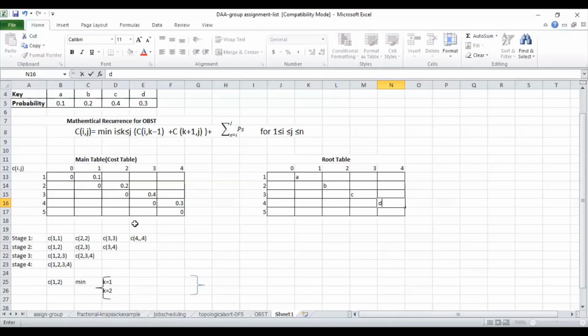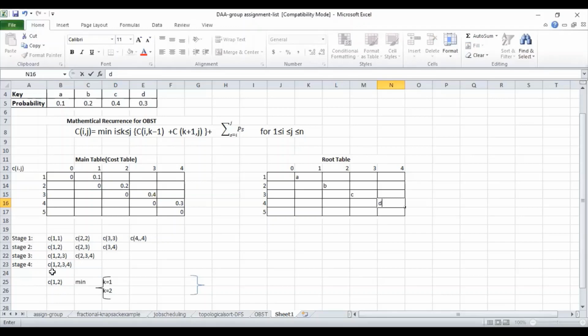Now we can have a look at the mathematical recurrence for solving. So coming back to the recurrence here, C determines the optimal cost. I and J determine which nodes are to be included in the BST. K determines which node acts as the root node.